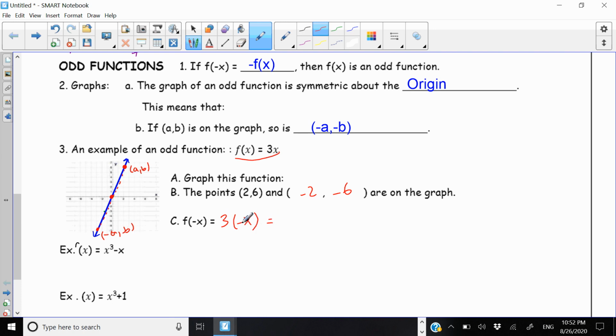So 3 times negative x will be equal to negative 3x. And we just saw that 3x was f of x. So this is basically f of x, but I have a negative behind that. So it will be equal to negative f of x. And this means the function is an odd function.